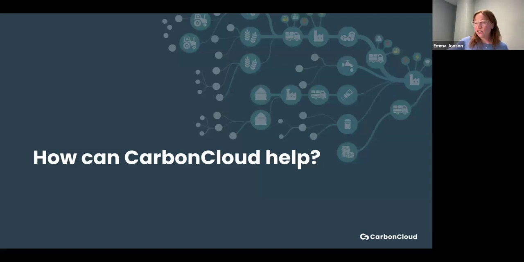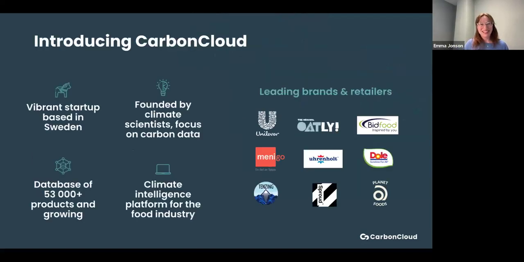So how can CarbonCloud help? Well, let me introduce CarbonCloud. We are a vibrant startup based here in Sweden. We are founded by climate scientists and focus on carbon data. We have a large database of more than 53,000 products.